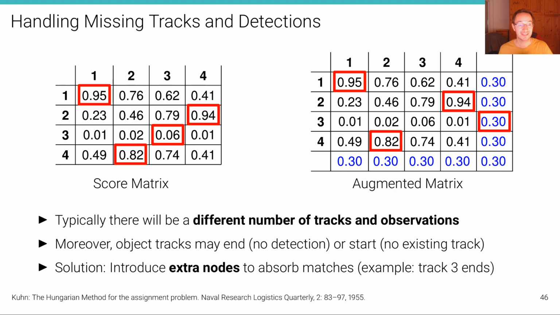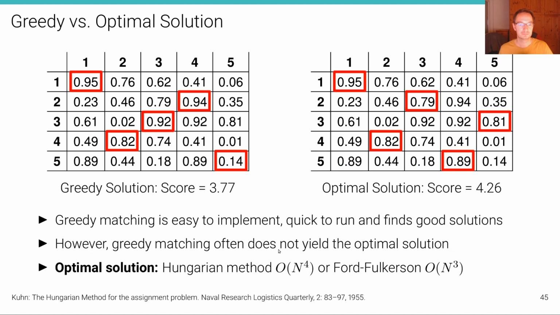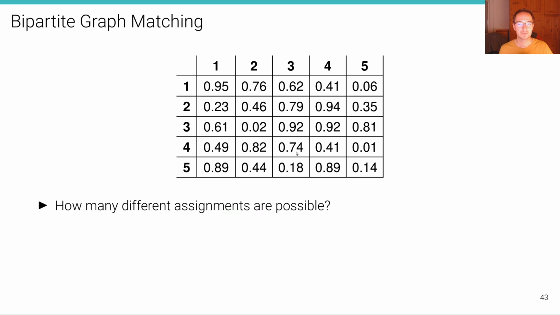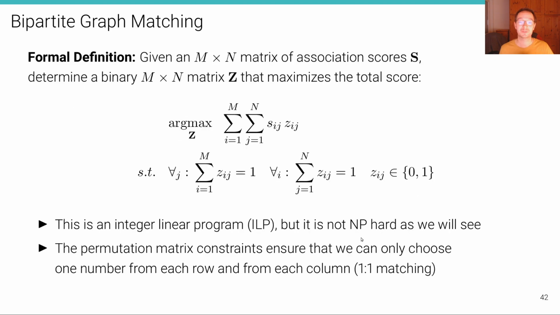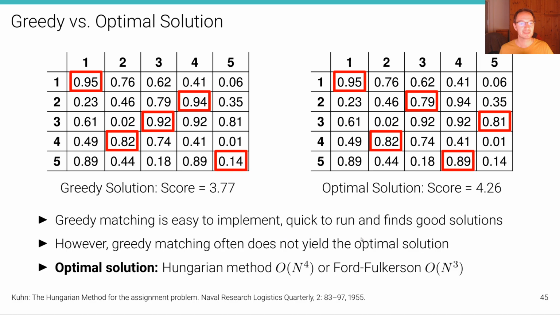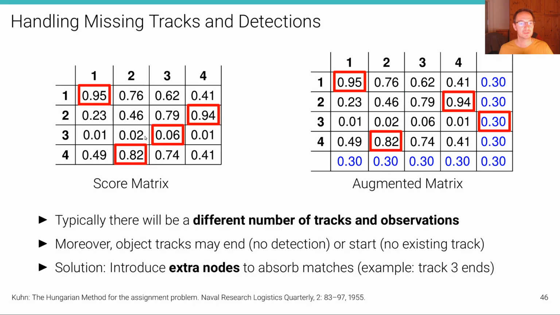Yet, of course, our solution to the original problem that we formulated doesn't care about this. It just maximizes the score, and so it makes this final association, because it adds 0.06 to the overall score.